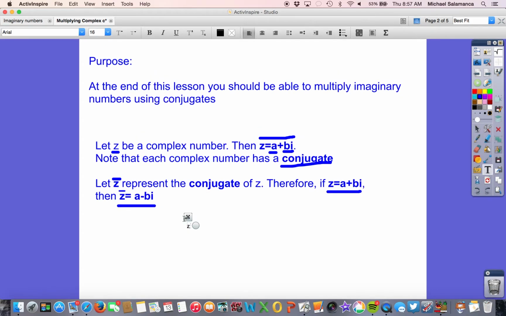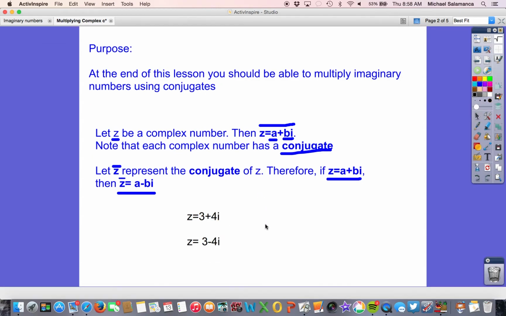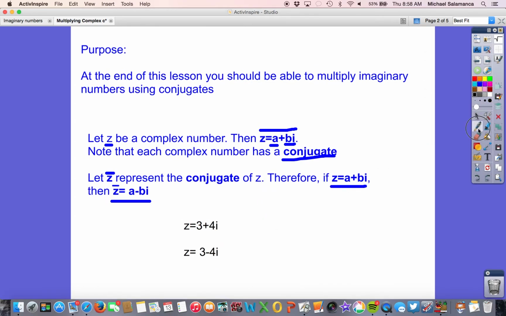So another example is if we said z is equal to 3 plus 4i, then the conjugate is going to be 3 minus 4i. So notice there that the only thing that changes is the sign of the part that's attached to the imaginary number i.